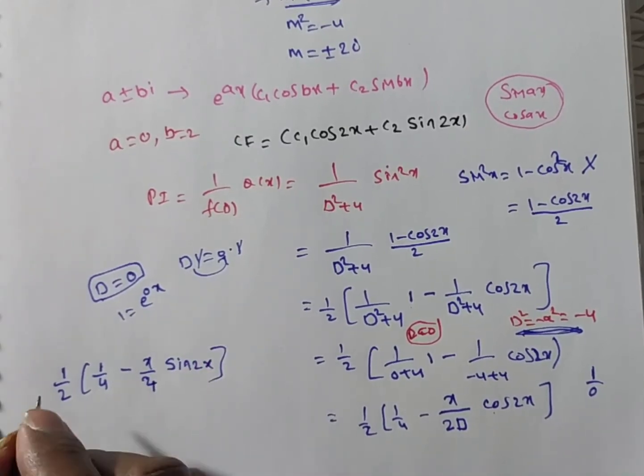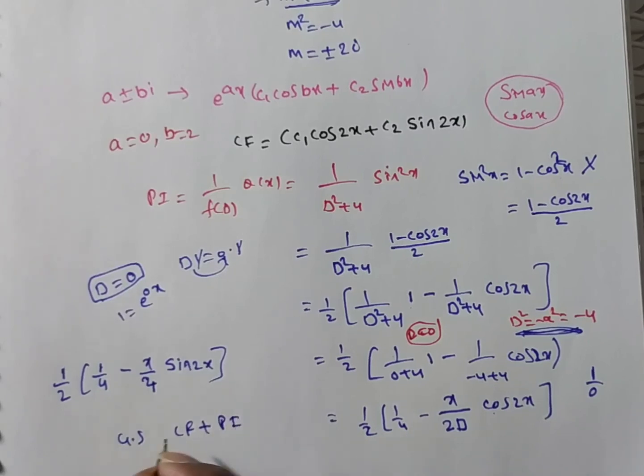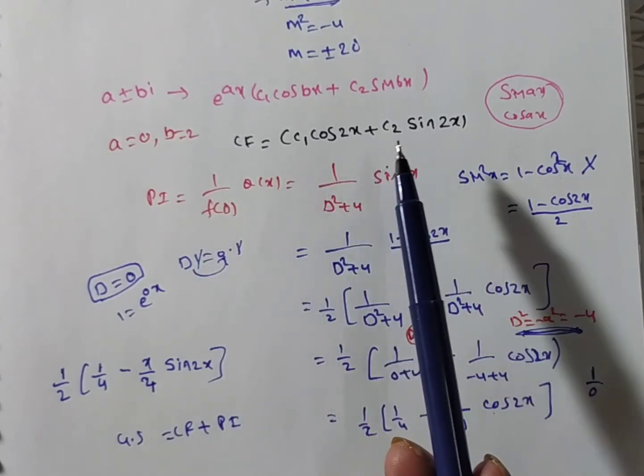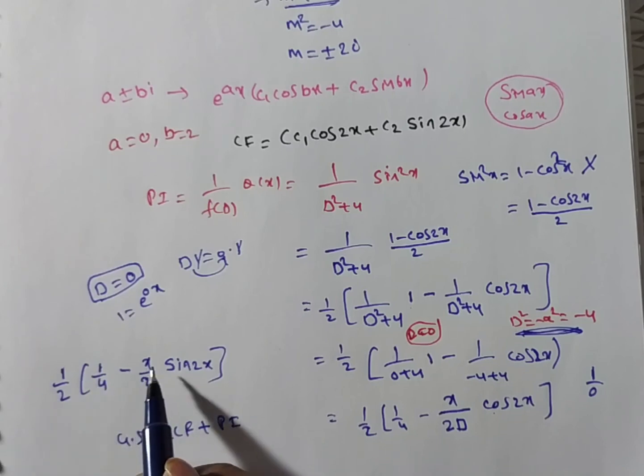So this is the particular integral. Hence the general solution is complementary function plus particular integral. Is it clear for everyone? So what is the final solution? C1 cos 2x plus C2 sin 2x plus 1 by 8 minus x by 8 sin 2x. Okay.